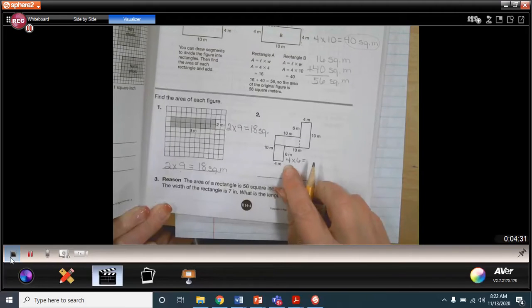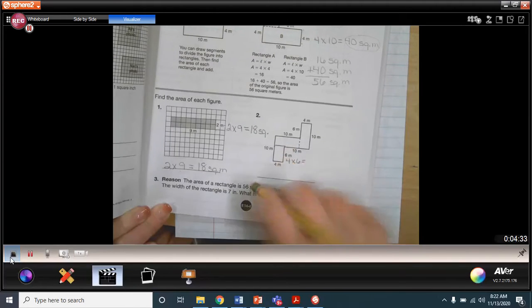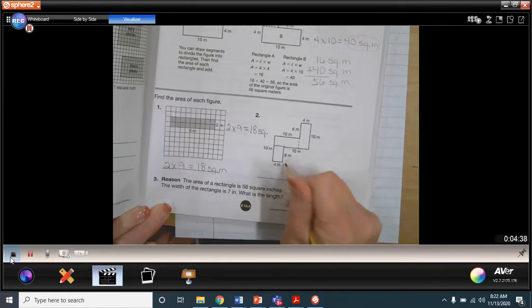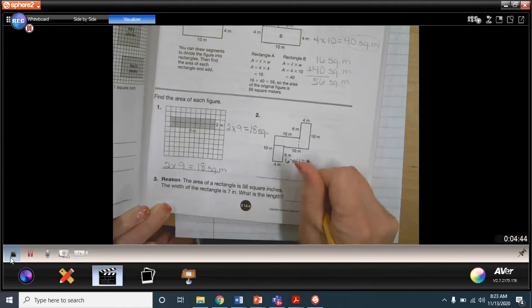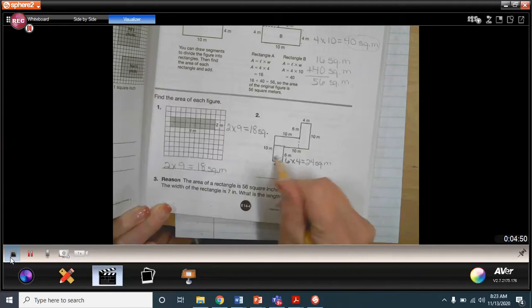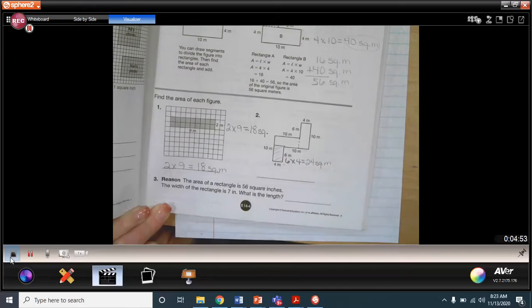I have 6 rows. So actually, I think I might change that just to keep it consistent with what we've been talking about. I have 6 rows. I know I have 4 squares in each row since this is so short, and that's going to give me 24 square meters. That's for this particular rectangle.